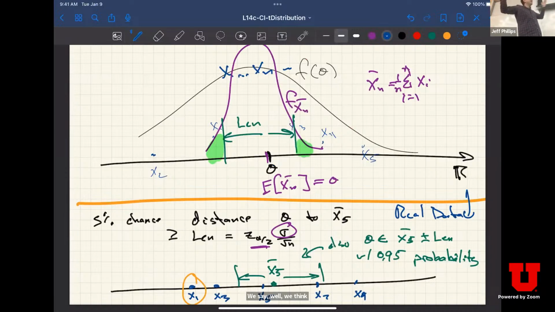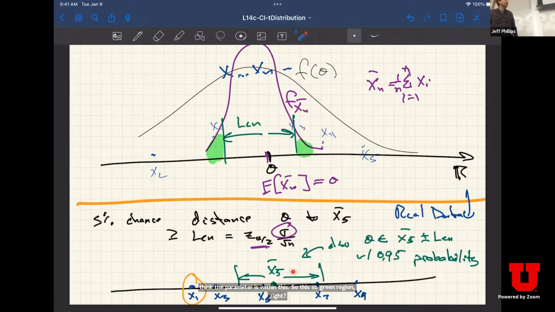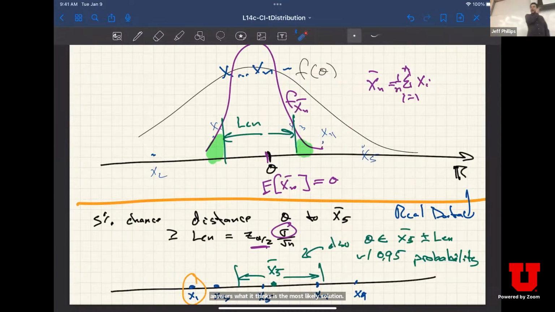And we have a band: we say 95% of the time we think the parameter is within this green region. What ChatGPT does is it always answers what it thinks is the most likely solution. It always returns this one estimator, and it says that's the answer.